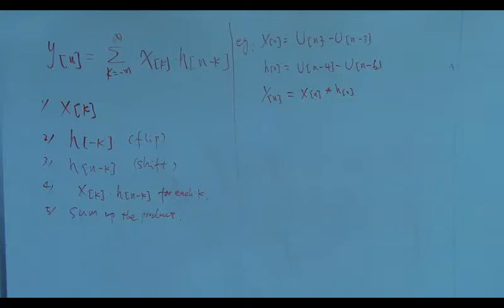Okay, good. We have one. Then you can go, you do the second step. You draw h[k], then reverse, flip.